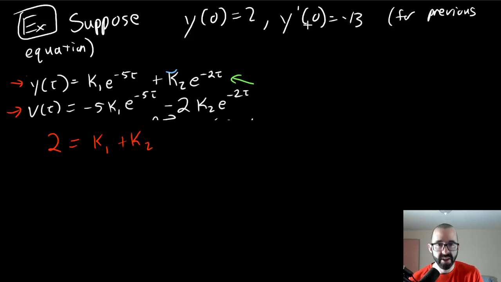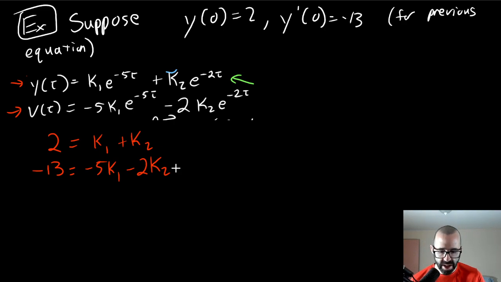And when we plug in y'(0), we'll plug that into the derivative, which you could either calculate yourself or we already found it. And that needs to be negative 13. Plug in 0 here, we get -5k1. Plug in 0 here, we get -2k2. We have a system of equations. You could solve it a couple different ways. I really like just doubling everything here and then adding the equations together.